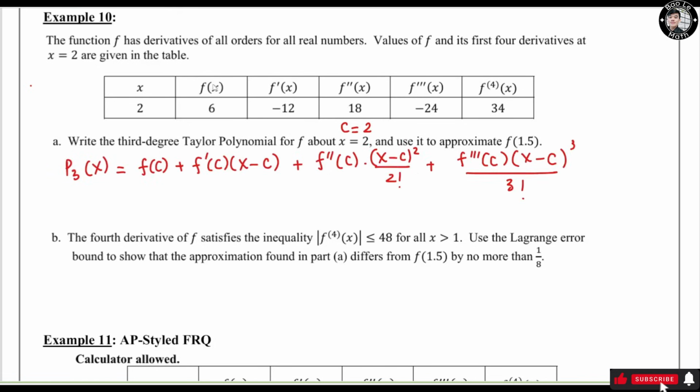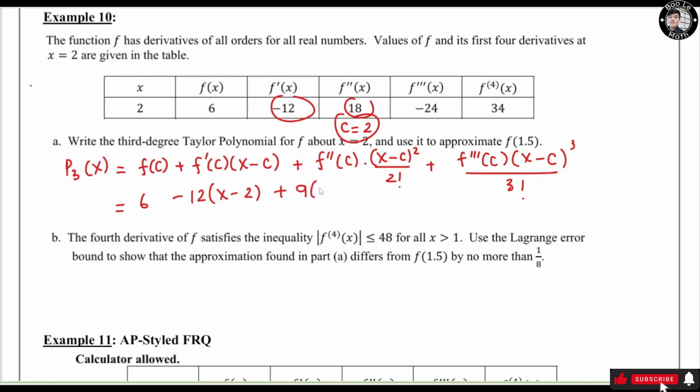Now f of 2 equals 6, so it's 6. F prime of 2 equals negative 12, so minus 12 times s minus 2, because c equals 2. F double prime of 2 equals 18, so plus 18 divided by 2, which is 9.